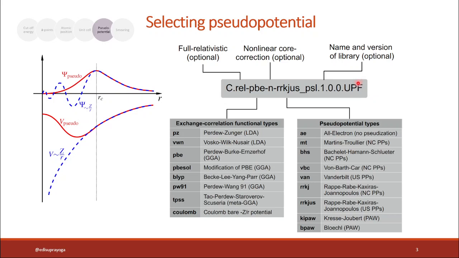This figure shows the naming convention of the pseudopotential file, which includes not only the type of pseudopotential but also the type of exchange correlation functional, like LDA, GGA, or meta GGA.